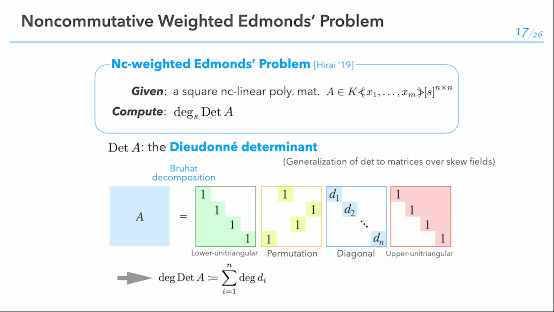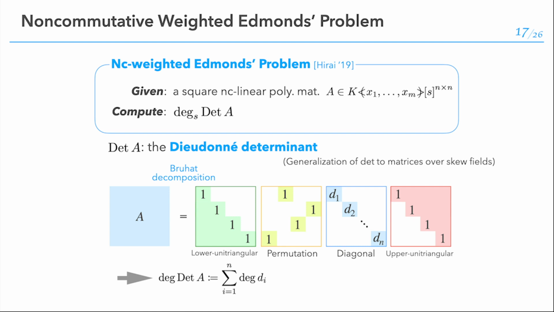Indeed, here we employ the Dieudonné determinant as the determinant of A. The Dieudonné determinant is a generalization of the usual determinant to matrices over skew fields.